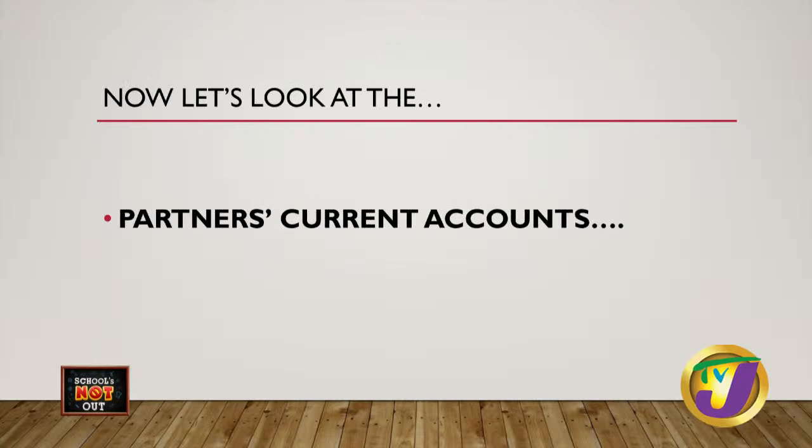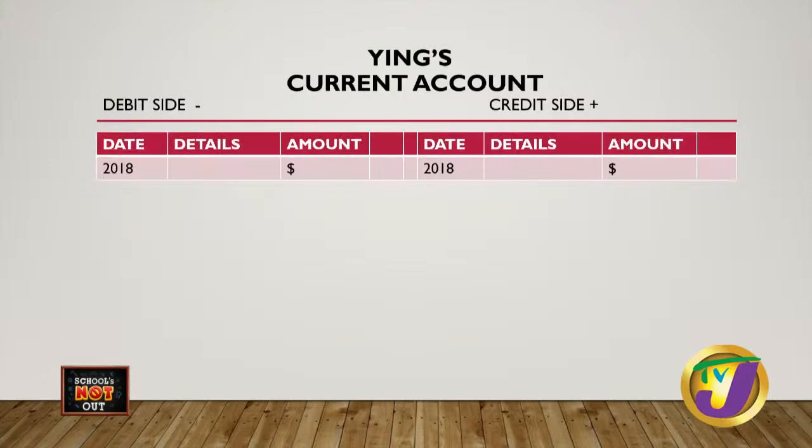Now that I've set that with you, let's look at the partner's current account. So, this current account is for Ying. All right? If you notice, just like the capital account, the credit side is the increasing side. Good. And the debit side is the decreasing side.